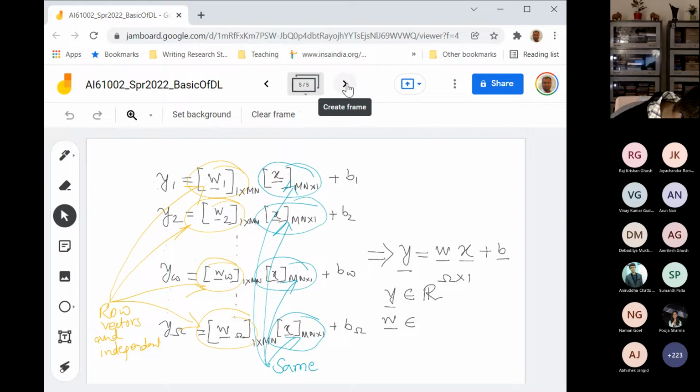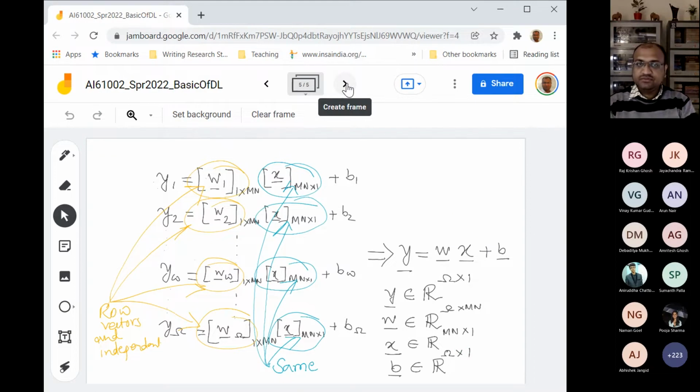W is also a real numbered thing, which has now not just one row, but omega number of rows, omega cross mn. X is the same thing, so this is R power of mn cross 1, and you have bias, which now becomes a column vector, again omega cross 1. So this is what you essentially know about this system of linear equations.